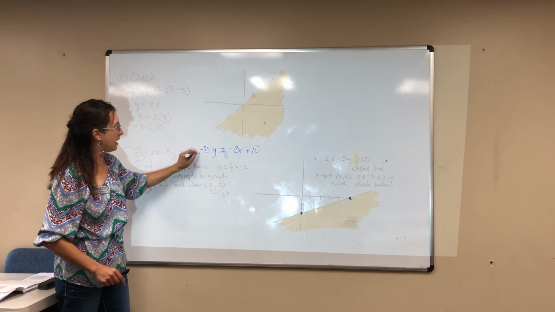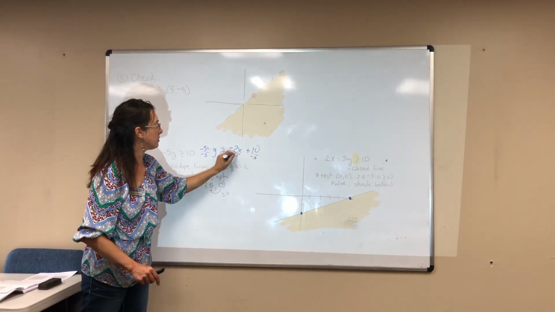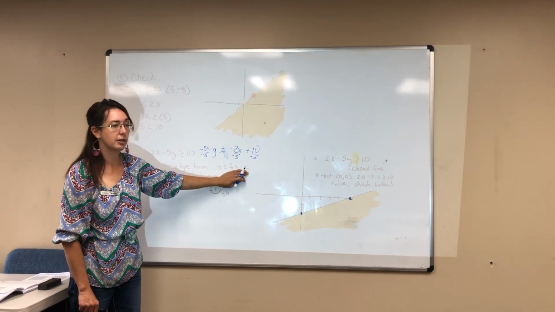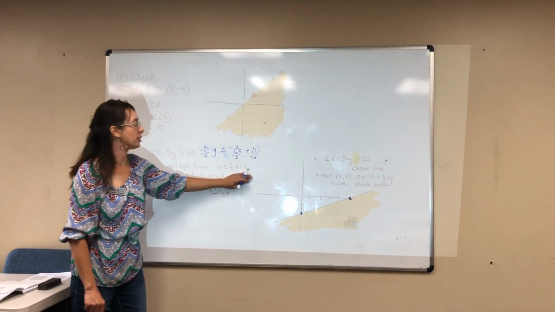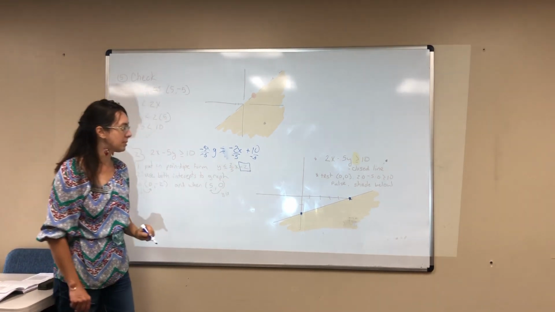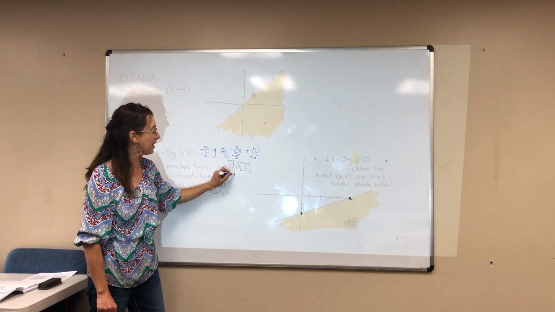Then I'm going to divide everything by -5 and get y equals 2/5 x minus 2. So here's our slope-intercept form, which tells me my y-intercept is -2. I go here. My slope is 2/5.